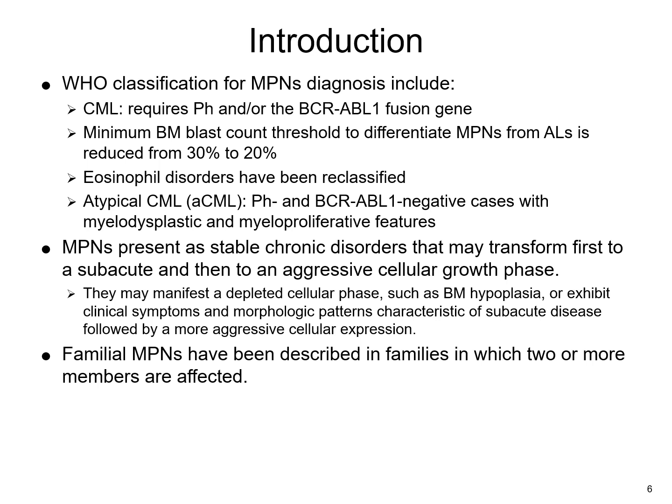You can also note that familial myeloproliferative neoplasms have been described in families in which 2 or more family members are affected by it. So there can be some sort of genetic inheritance to that abnormal pattern.